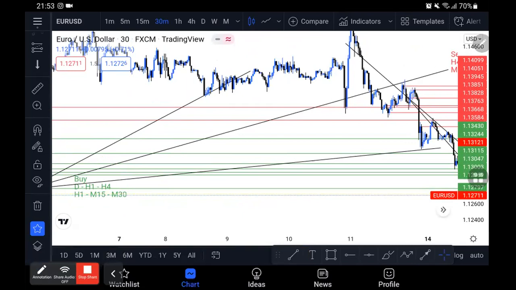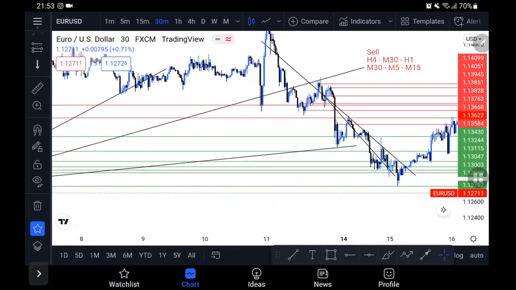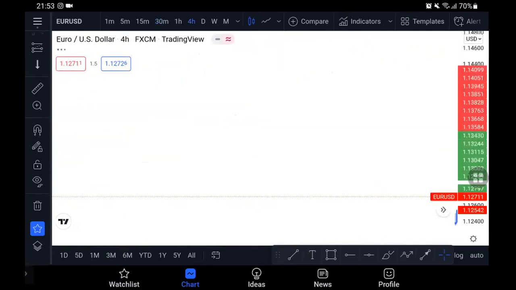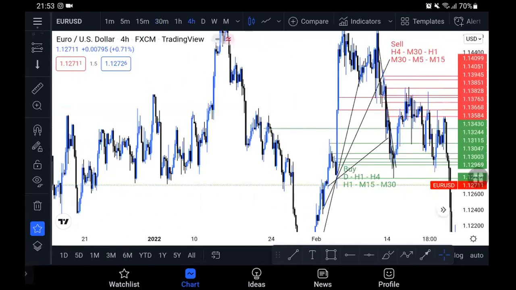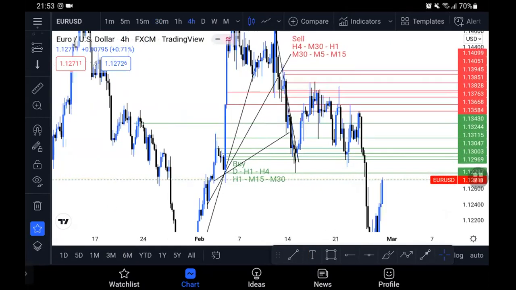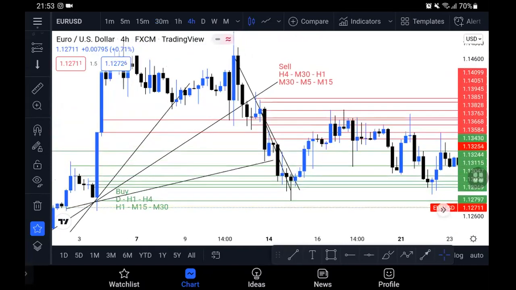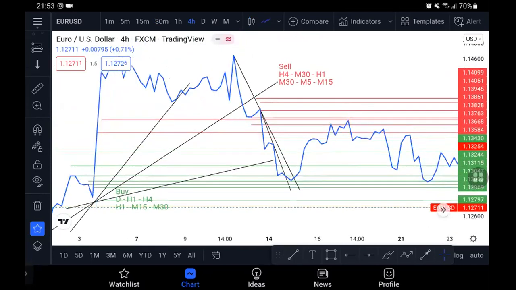Cikgu, yang cut sell tu tarik trend line dari mana cikgu? Di H4. Trend line kita akan tarik ikut time frame order juga. Macam ni. Okay. Tapi kat M30 tu ada tadi dua support dan breakout.